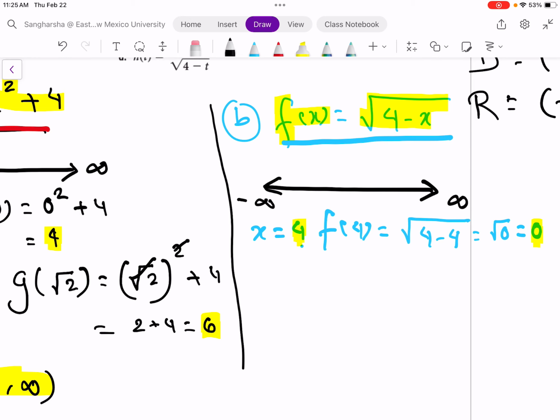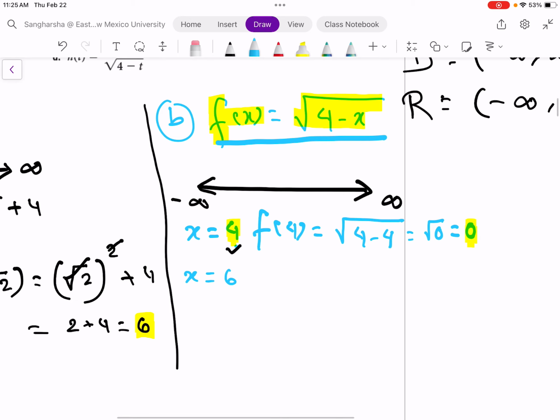Now let's find the other domain. What number do you want to pick here? Let's check 6. Let's see if 6 is in the domain or not. If x is equal to 6, if your input is 6, then we substitute 6 for every x. So f of 6 equals the square root of 4, as it is, minus x, which is 6.